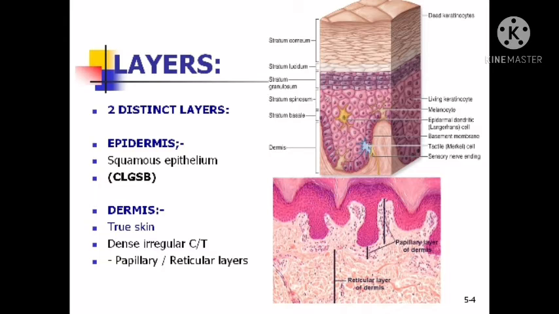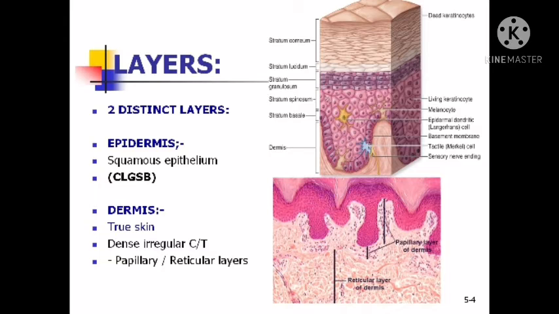There are 5 layers of epithelium, from the surface inward called the stratum corneum, stratum lucidum, stratum granulosum, stratum spinosum, and the stratum basale. These are the layers of the epidermis. The histology teacher will tell you in detail and will show the slides of these layers.